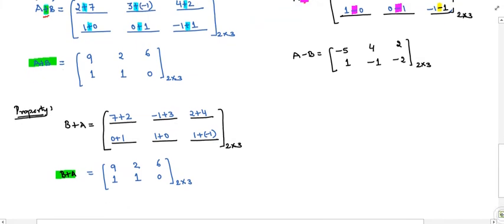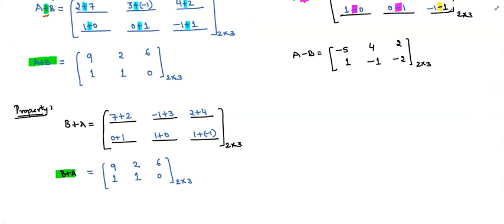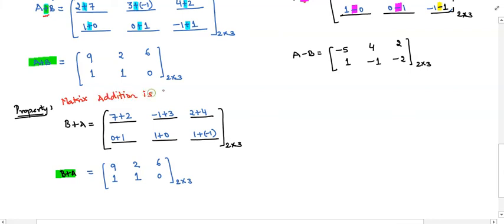So this says the property that matrix addition is commutative. Instead of writing A plus B, I will simply write the property as matrix addition is commutative.